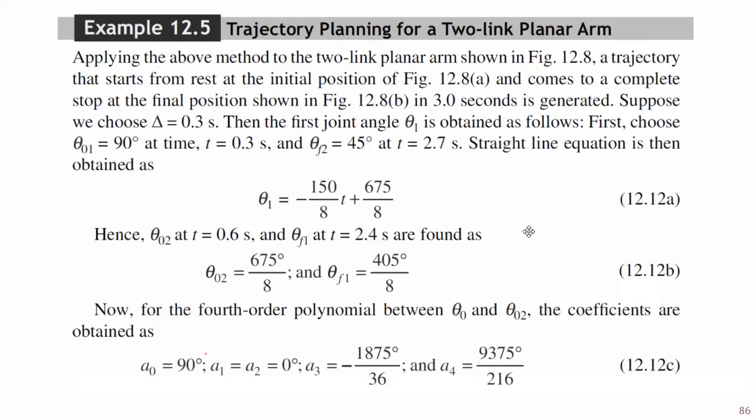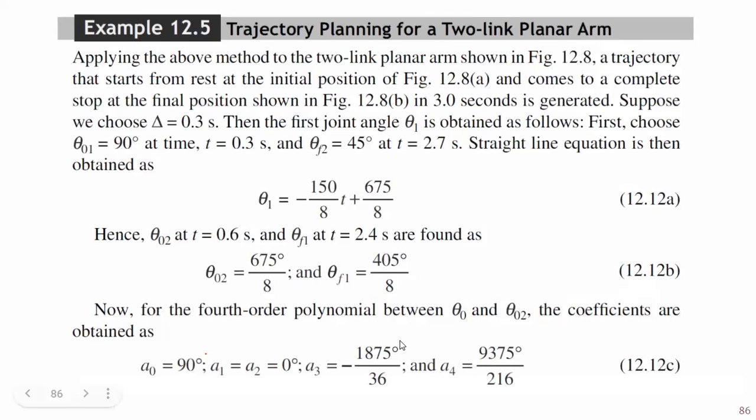Hence theta naught 2 at t 0.6 seconds and theta f1 at t is equal to 2.4 seconds are found as theta naught 2 is equal to 675 degree divided by 8 and theta f1 is equal to 405 degree divided by 8.